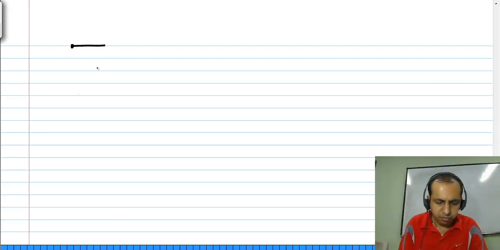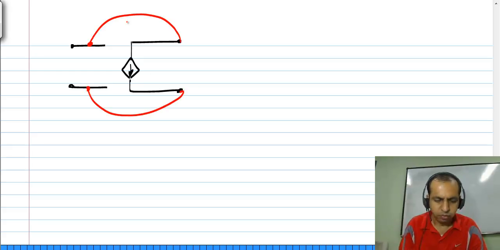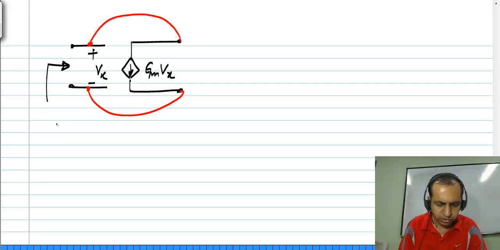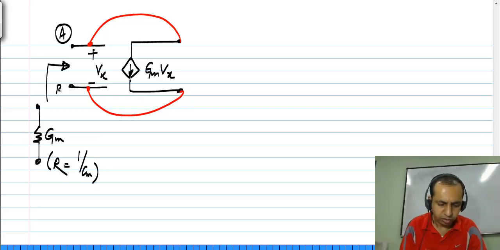We already saw that connecting a voltage controlled current source like this, that is Vx, Gm times Vx, realizes a conductance equal to Gm, or a resistance which is 1 by Gm between these two terminals. Let me call these A and B. It will look like a resistor.